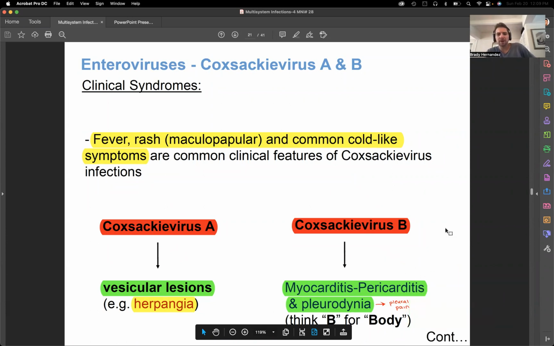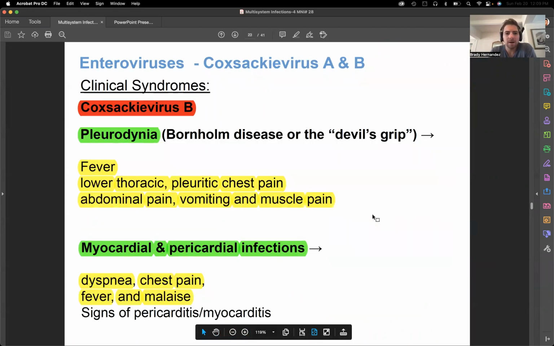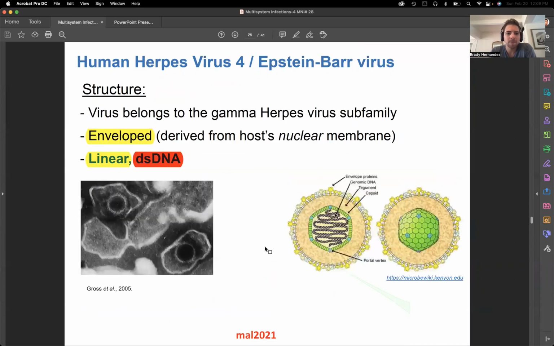It really can cause it anywhere. You can get pleural pain as well. So Coxsackie B is a really important cause of heart infections. There you see the herpangina that develops as well. Hand, foot, and mouth disease is specific for Coxsackie A, whereas Coxsackie B, you're looking for heart problems.